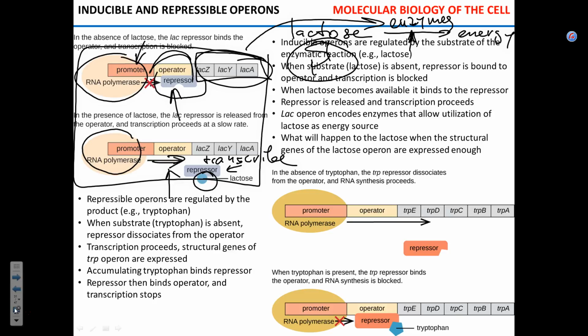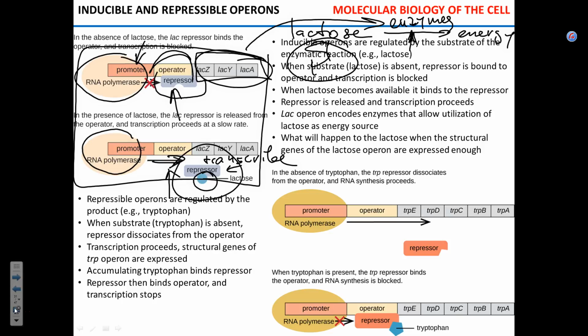When those enzymes are produced, what's going to happen to the lactose levels? They're going to go down, right? You start with a lot of lactose, which initiates the expression of the genes of the lactose operon. Enzymes will metabolize the lactose, and lactose levels will go down. When lactose levels go down, what's going to happen to that complex?